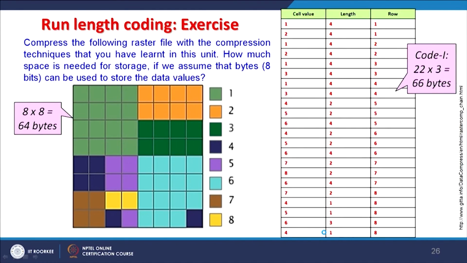So the first one says compress the following raster file with the compression technique, and the compression technique here is run length, which you have learned in this discussion, and how much space is needed for storage. So you have to calculate. If we assume that 8 bits, 1 byte equal to 8 bits, can be used to store data values, then how will this be stored, that you can do.